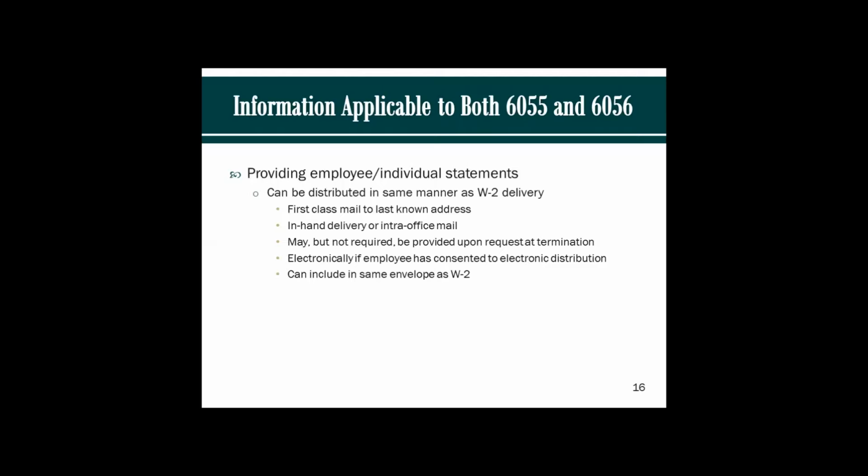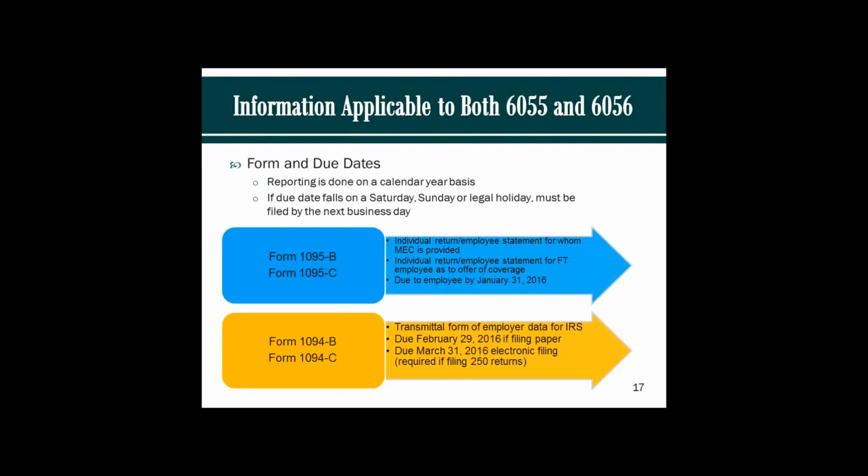However, with this 1095-C, if an employee does leave in the middle of the year, they can come and request the form, but you're not required to comply. If you want to, you can give the form. However, if you don't want to, you can say, we'll give it to you next year when required. The key is to be consistent. Don't change in midstream the way that you're handling the 1095-C.